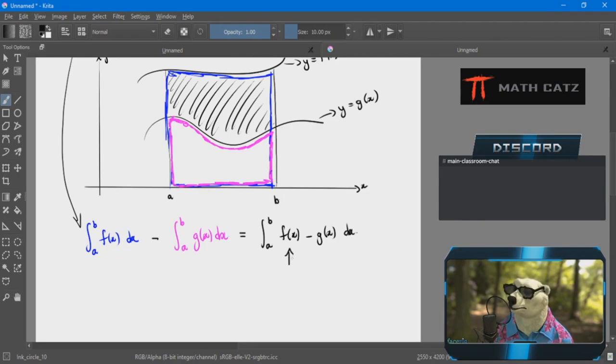This is always going to be top boundary minus bottom boundary. So that means that it is beneficial to be able to graph it and visualize what's happening. Let's do a simple example first.